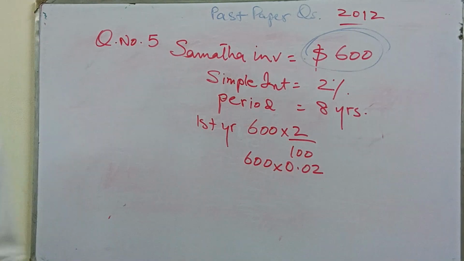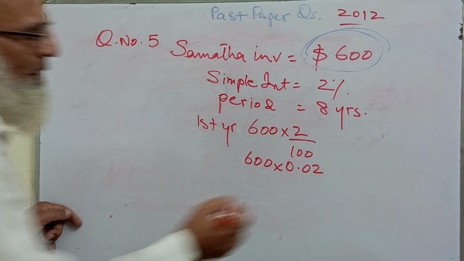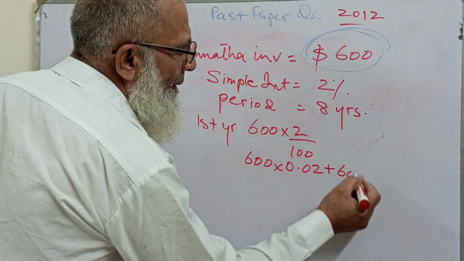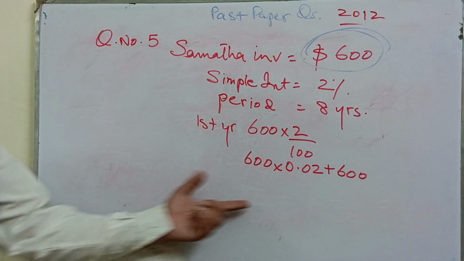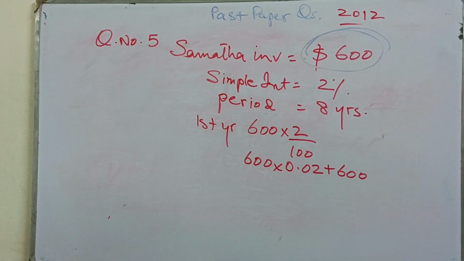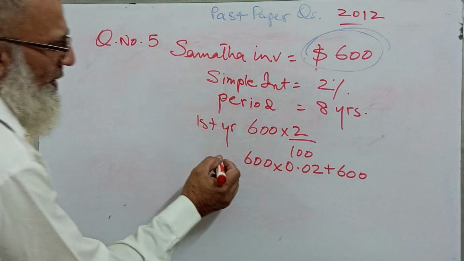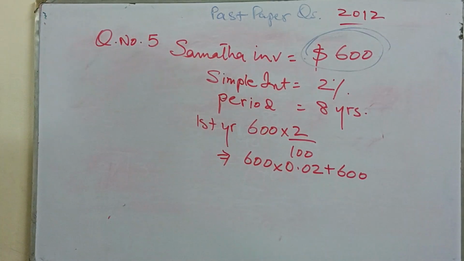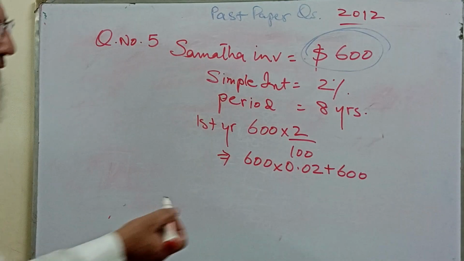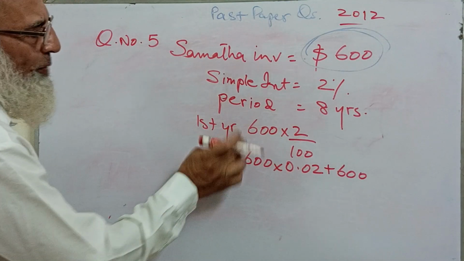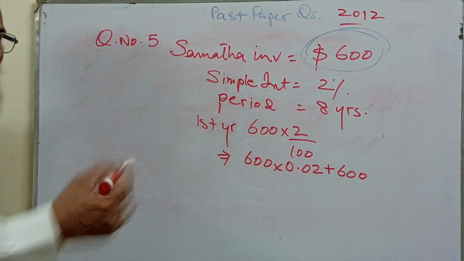This and this are one and the same thing. Plus 600. In my last lecture, I also told you how to formulate this. So you see that from either of the two, you can proceed.